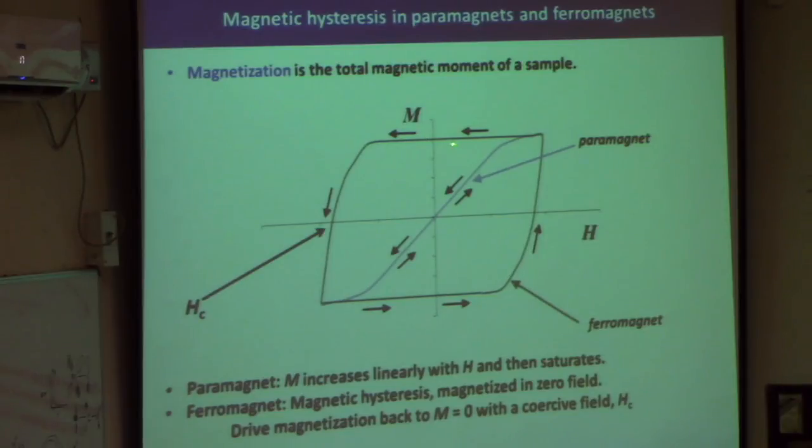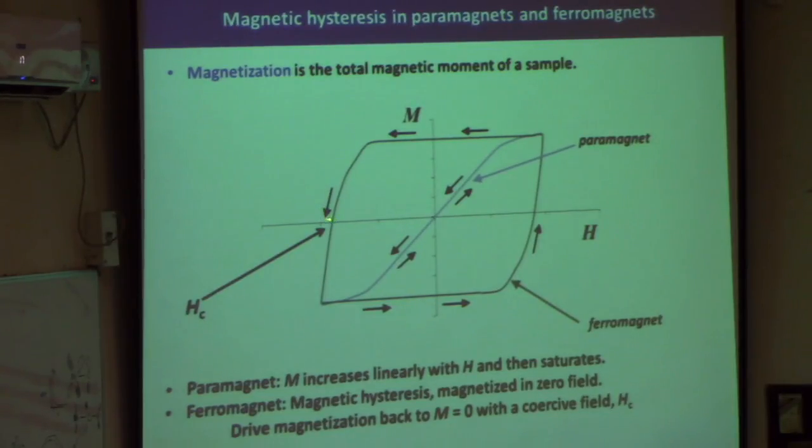The value of the magnetisation shown here is the so-called remnant magnetisation. It's what's left over after you've removed the field. If you want to drive the magnetisation back to zero, you have to do work. So you're at this point now, magnetised in zero field, you apply a field in the opposite direction, and eventually you reach a point at which the magnetisation starts to drop, and then you approach a magnetisation of zero at a specific field.